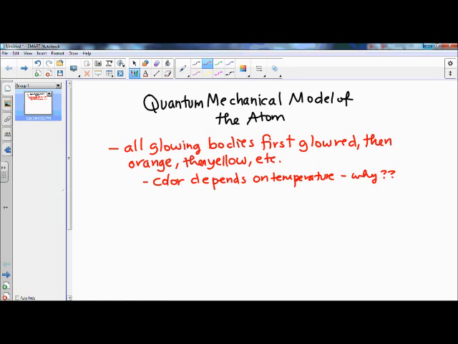For compounds, the energy will be in the form of heat or flame. And for gaseous elements, the additional energy will come in the form of electricity. The interesting thing is when they do that, specific elements will actually glow a specific color in the flame. So let me show you what I mean by this.